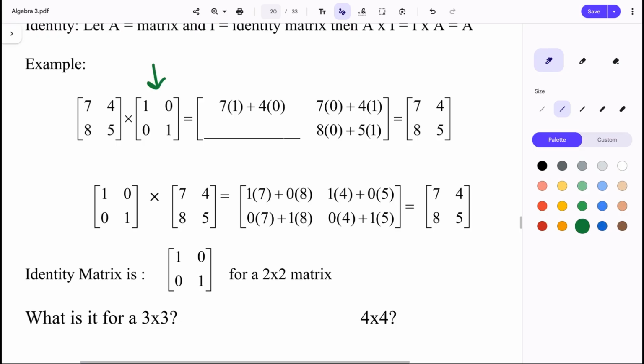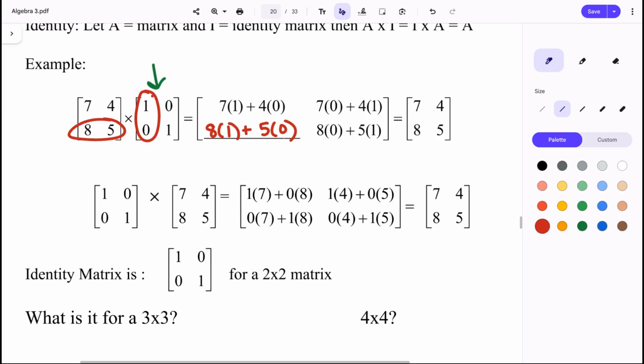Now we've done this before where we've done our rows times our columns, and we write that all out. So we're just going to fill in this blank. This last blank would be us taking this row times this column. So it would be the 8 times 1 plus the 5 times 0. Okay.